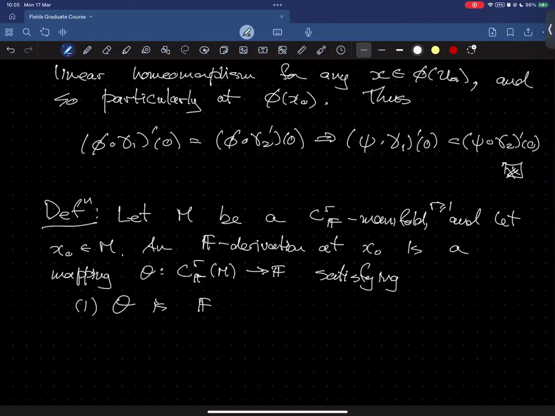Yes, that's the notation I'm going to use for the set of derivations. So the first statement is that this is a vector space.